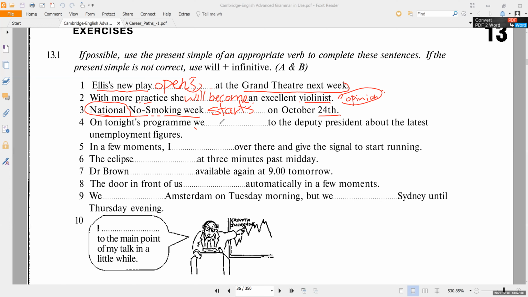On tonight's program, we to the Deputy President about the latest unemployment figures.